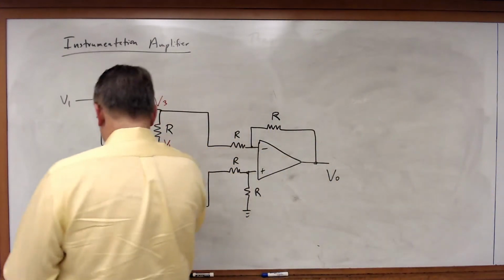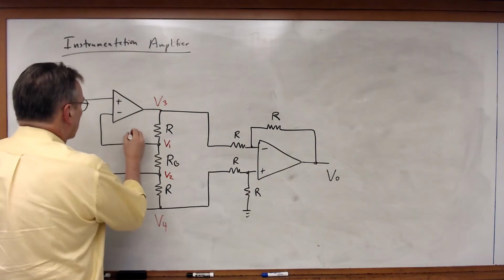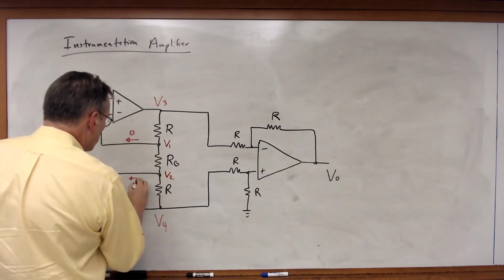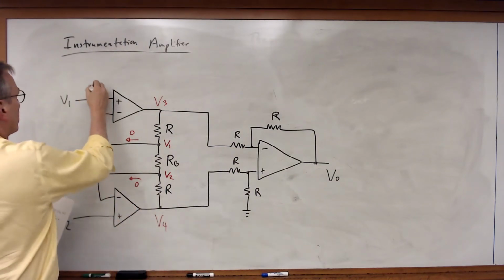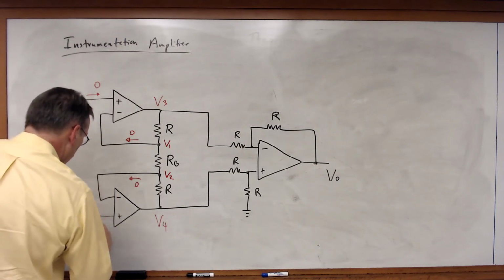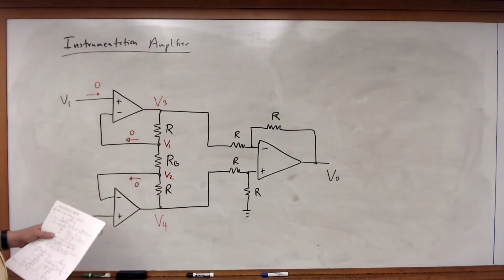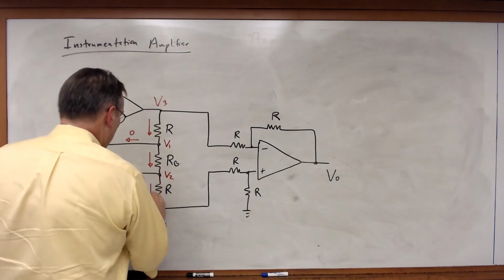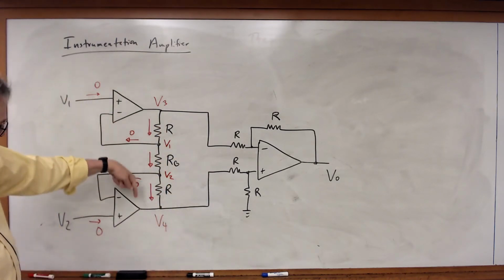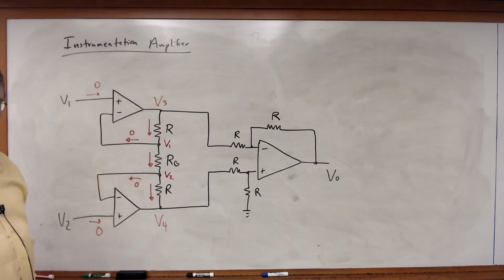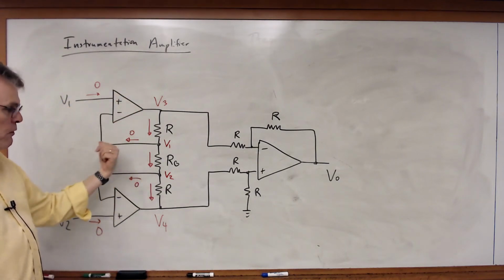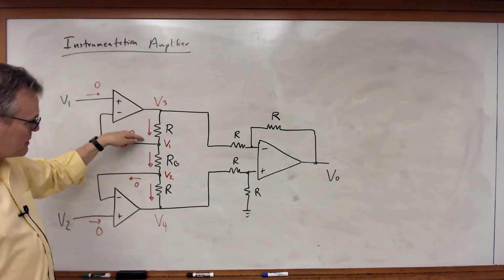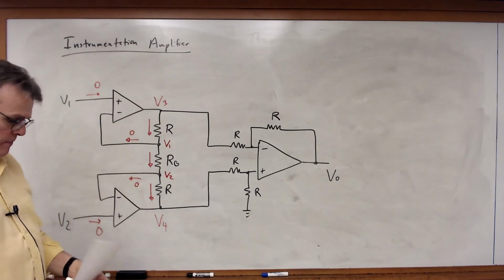I also note that the currents flowing into these op amps are equal to 0, which means that all three of these currents have to be the same current. If I've got 0 flowing out of that node by KCL, each of these must be the same.